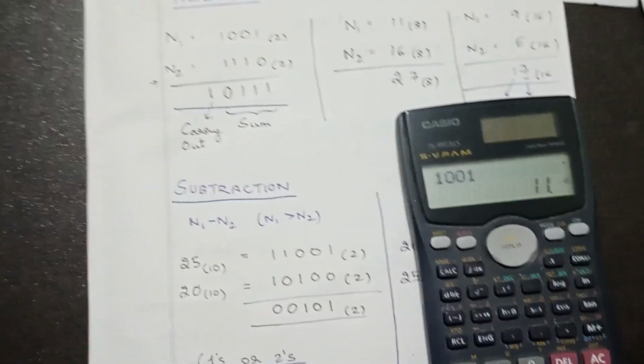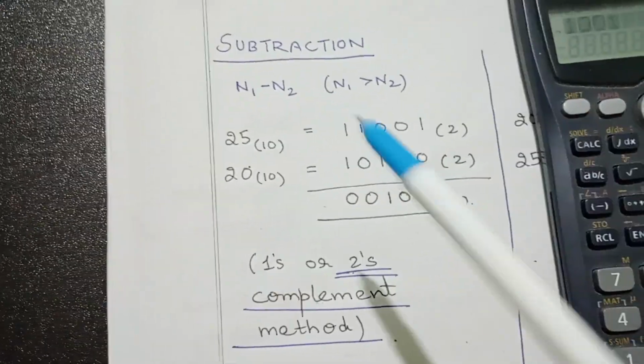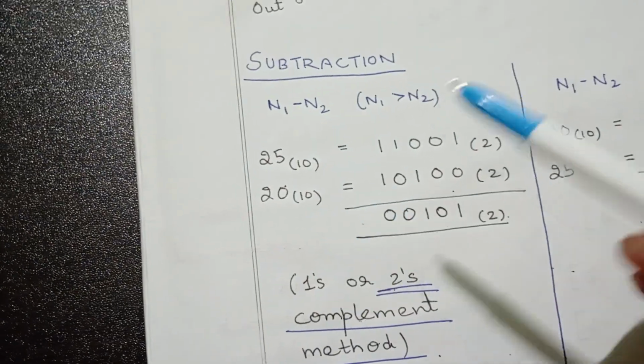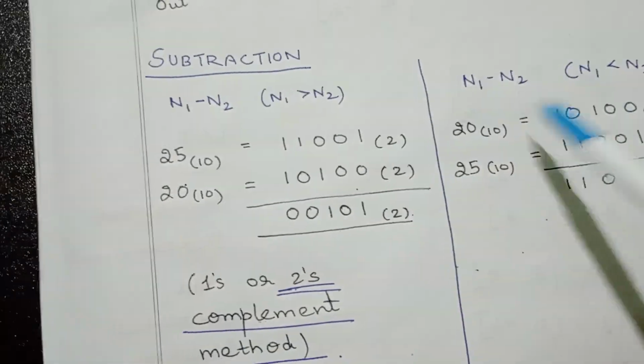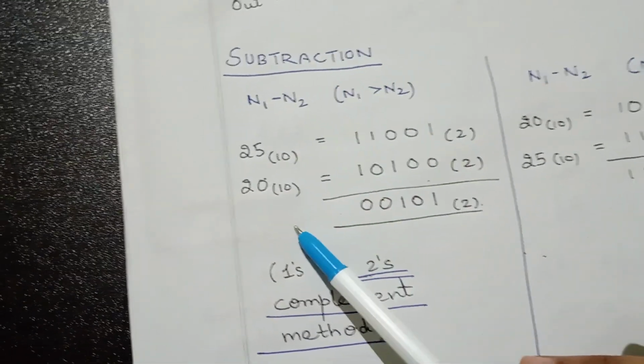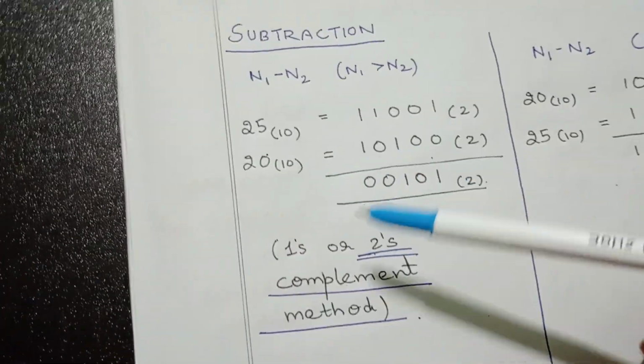The second one under arithmetic is subtraction. In subtraction, we have two cases. One is n1 greater than n2, so we are doing n1 minus n2, where n1 is number 1 and n2 is number 2, and the other is n1 less than n2. In the first case, the difference that we get after subtraction is positive, and there is no borrow.